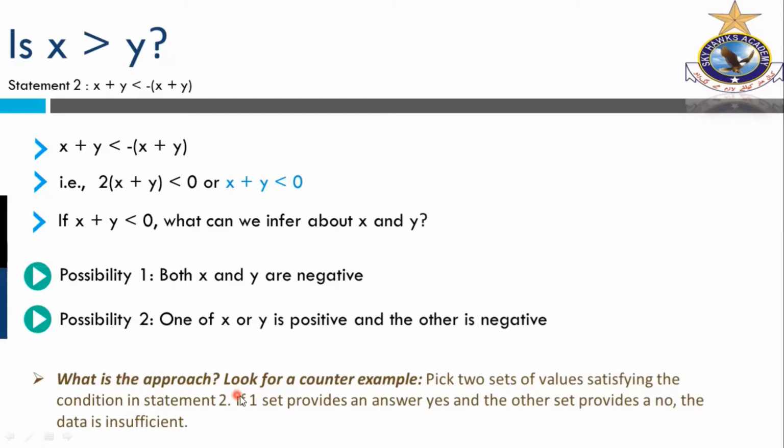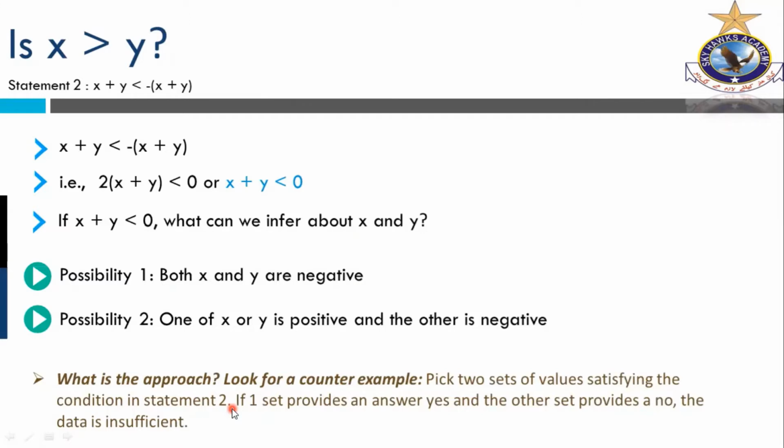What is the approach? Look for a counterexample. Pick two sets of values satisfying the condition in statement 2. If one set provides an answer yes and the other set provides a no, the data is insufficient.